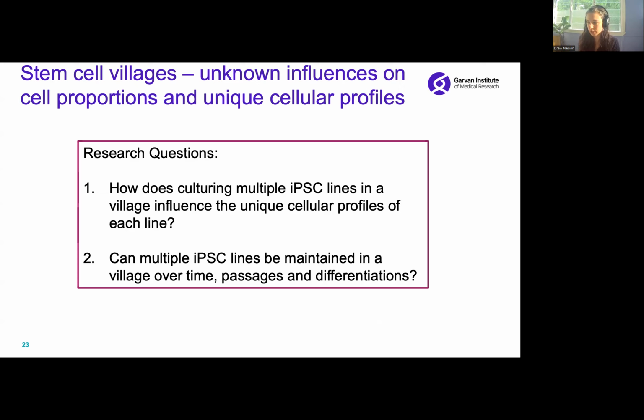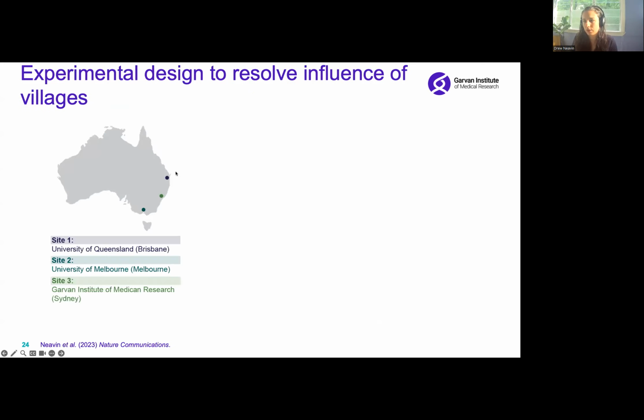And so we designed an experiment across 3 sites across Australia with some collaborators in Brisbane and Melbourne. This experiment was carried out in parallel across 3 different sites to look at the impact of doing these types of experiments in 3 different locations. Part of the reason for doing that is because we know that there are stem cell lines that different groups have across the world, and there might be interest in, say, doing the same experiment in 2 different locations with different combinations of stem cell lines, and then combining them afterwards.